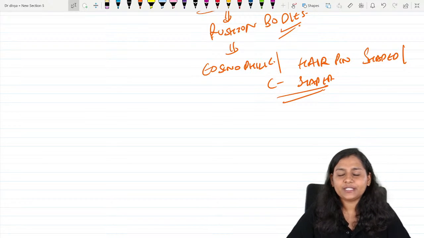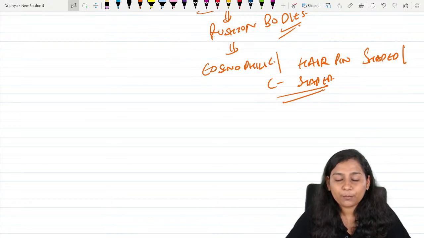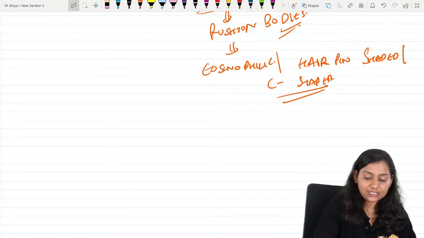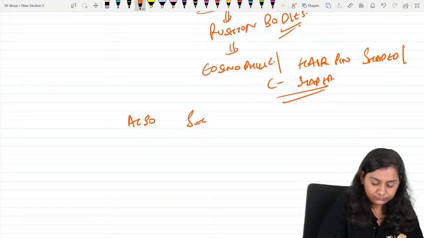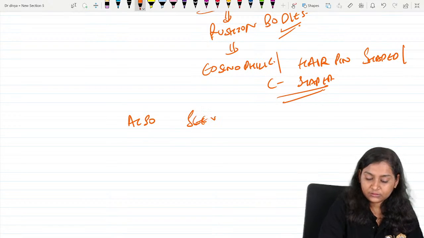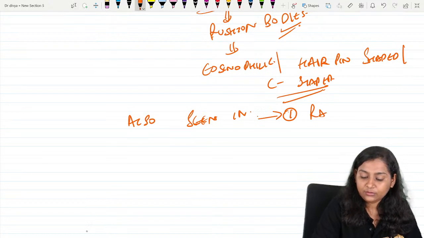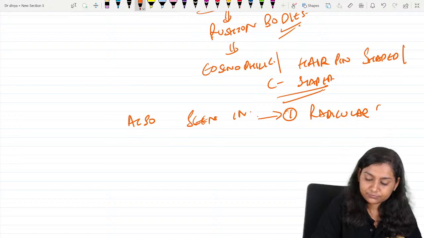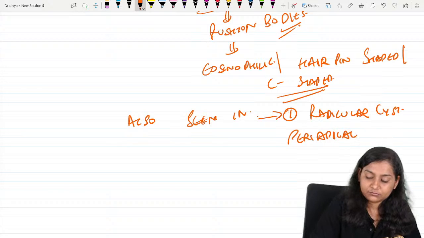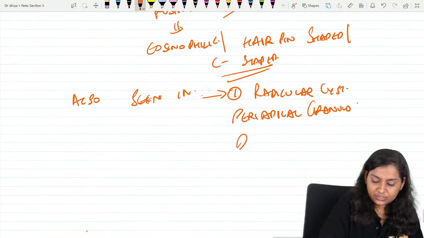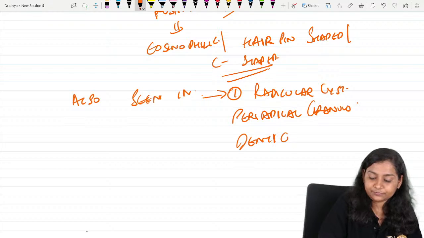Now, Rushton bodies are not pathognomonic only for the radicular cyst. These are also seen in, let's just write down, first the radicular cyst, periapical granuloma, dentigerous cyst, and OKC.